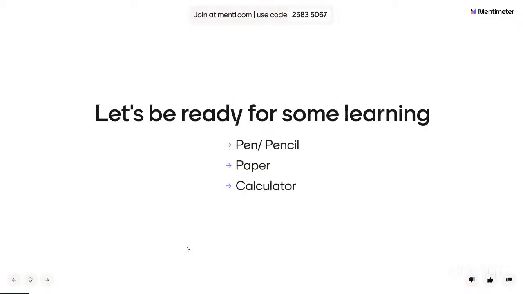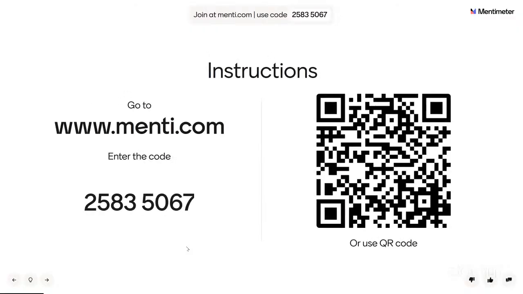Type menti.com on your phone and use this code 2583 5067. After that, you can answer the questions that I am asking. Or you can scan this QR code to join on menti.com.